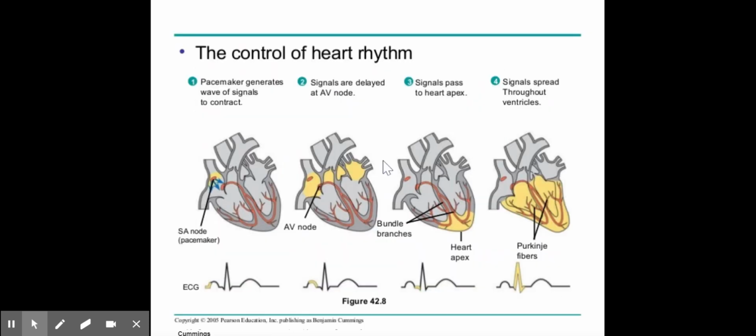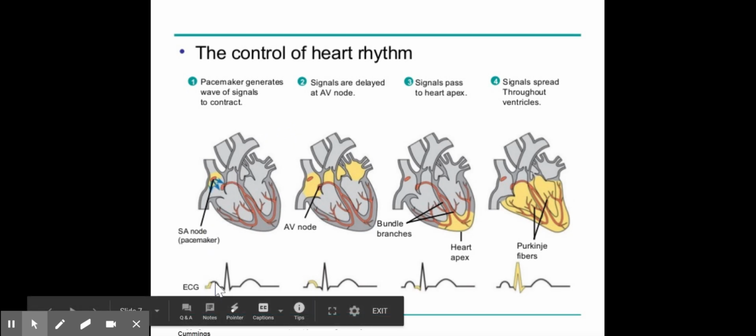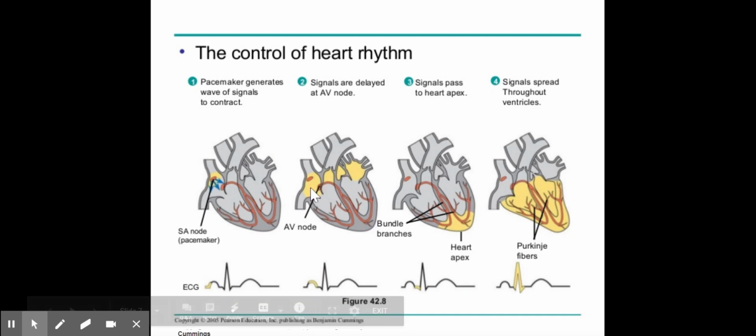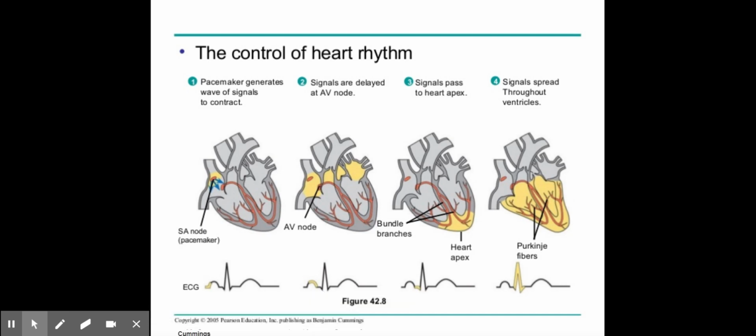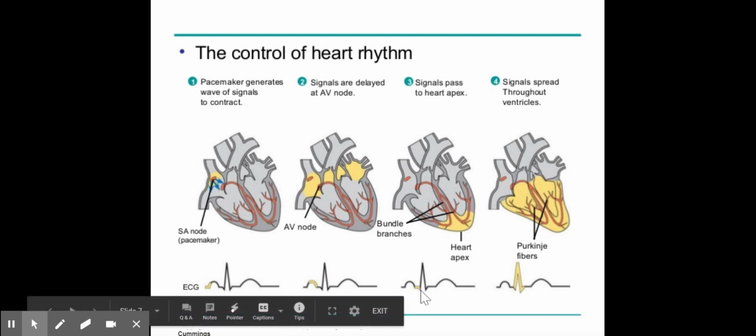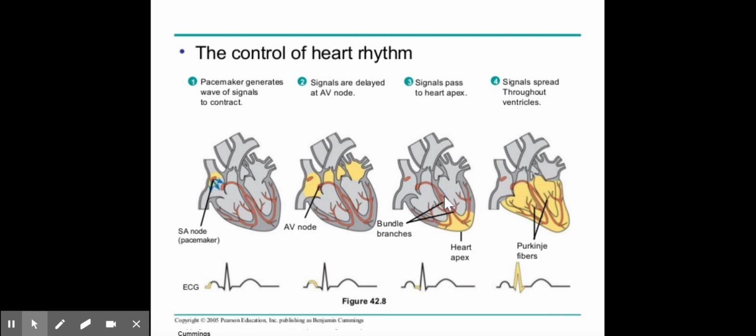This shows you a little better how that pacemaker works. Here you can see the SA node has fired, so we start to see that little upward tick in the EKG. Once that has made its way throughout the entire atrial system, we start to see a decrease in that wave, because now the atria have contracted and started to relax. This little dip downwards, like I was saying, is once the AV node fires and that signal starts to make its way down towards the apex of the heart.